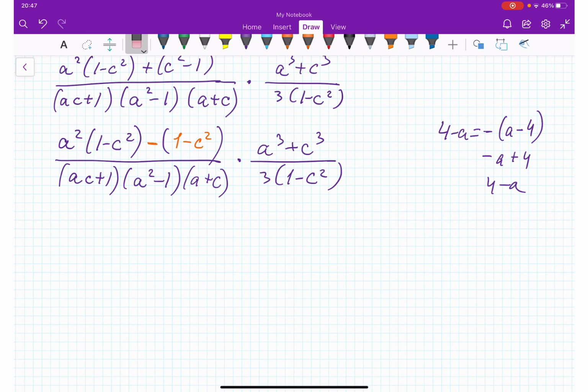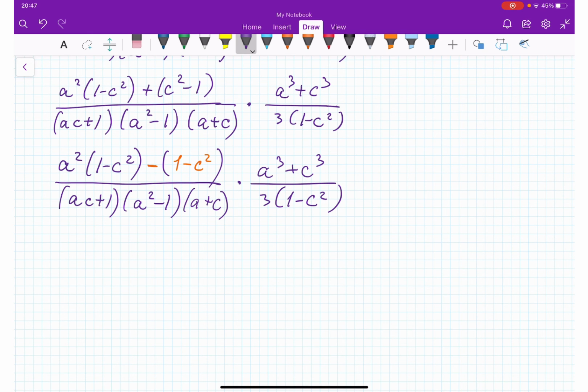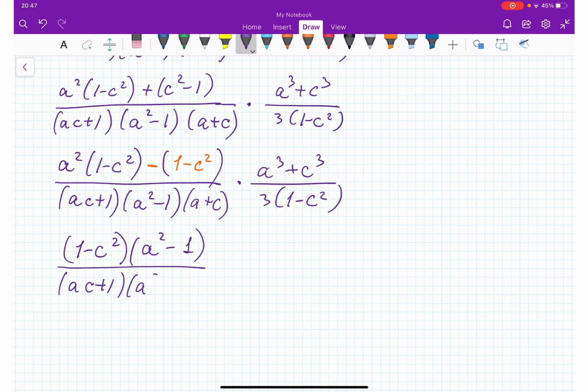Alright, let me clean this. And I'm going to get 1 minus c squared times a squared minus 1. Yes? I'm getting ac plus 1, a squared minus 1, and a plus c.